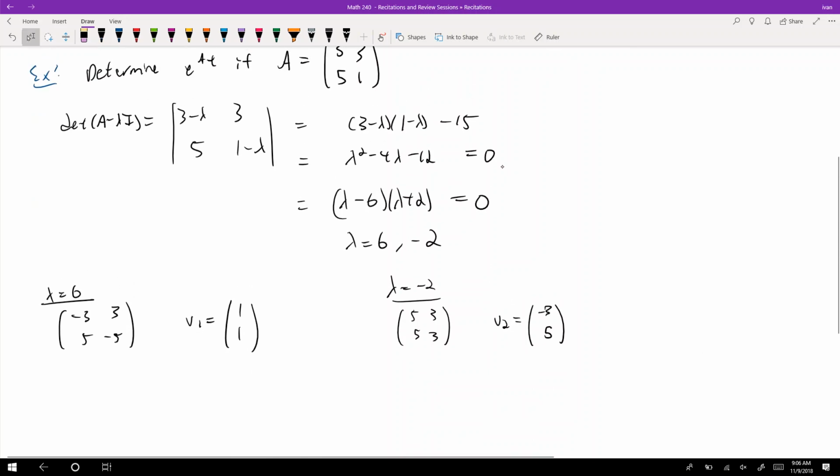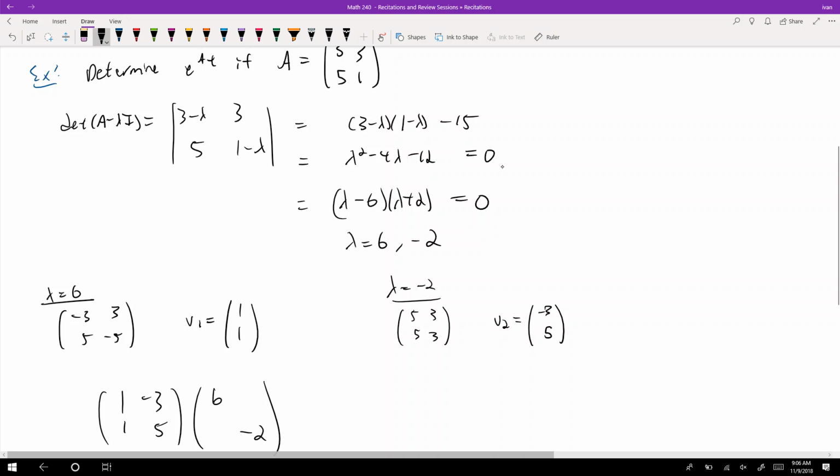So now what? Now we have S, D, S inverse. S is 1, 1, -3, 5. D is 6 and -2, because the first column corresponded to lambda equals 6. And then for S inverse, I'm going to use the determinant 2 by 2 trick. So this is going to be 1/8, because 8 is the determinant of this guy.